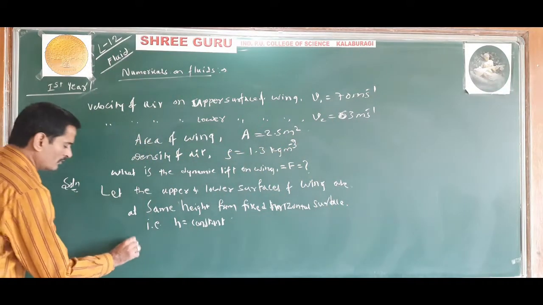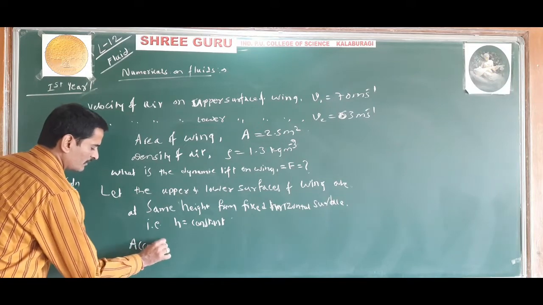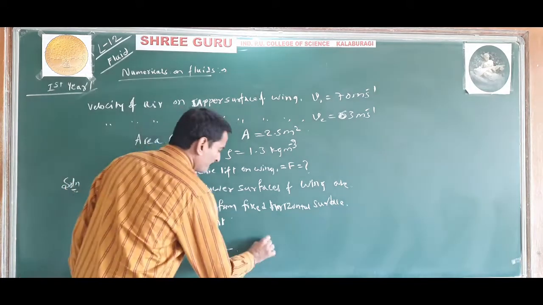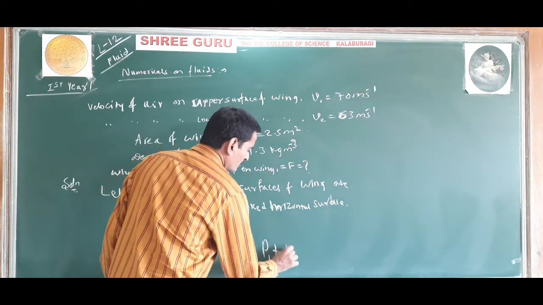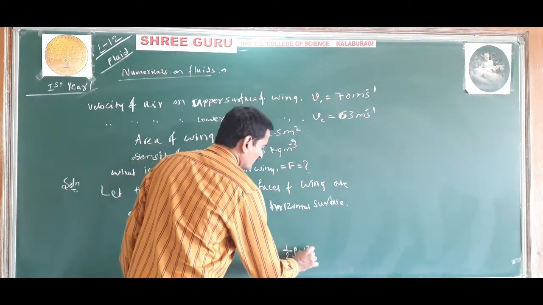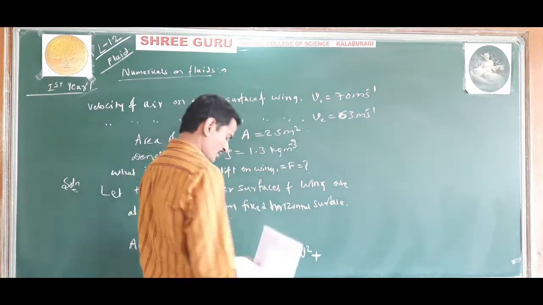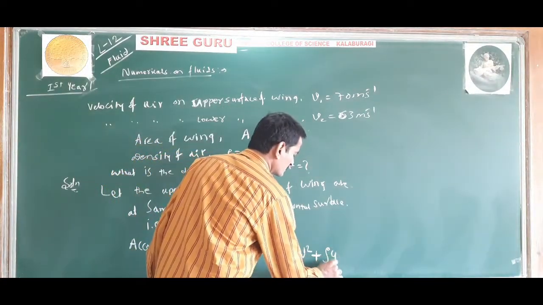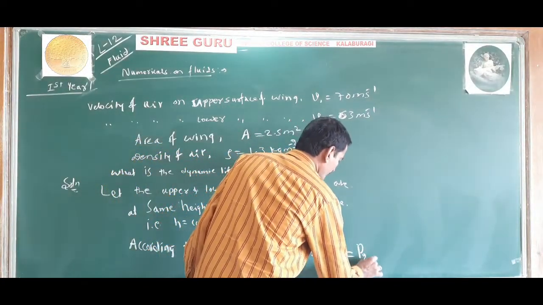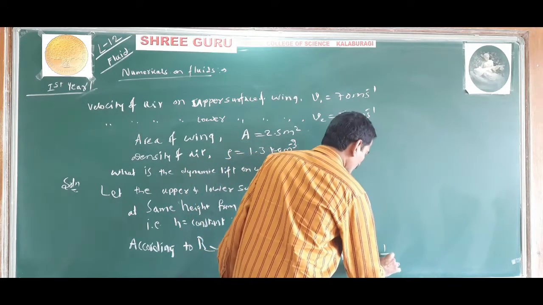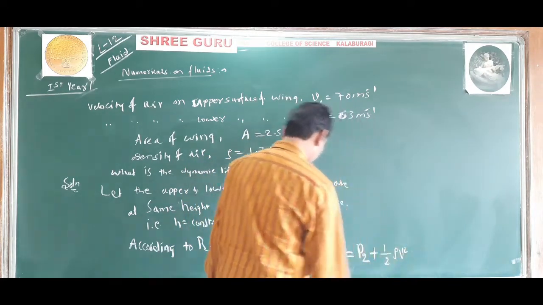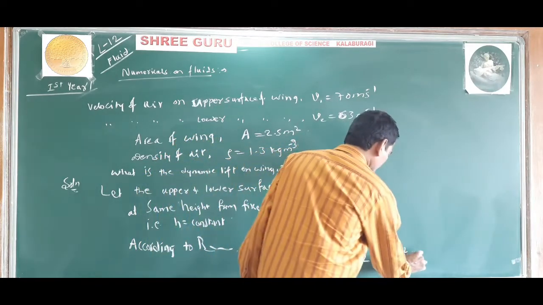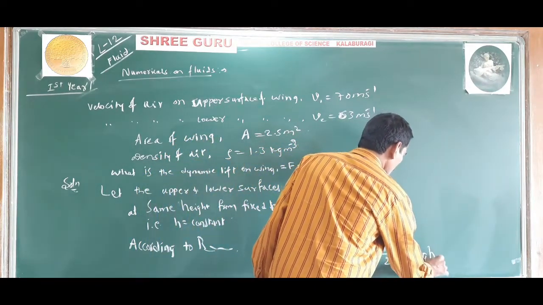So now according to Bernoulli's theorem, P1 plus 1 by 2 rho V1 square plus rho GH is equal to P2 plus 1 by 2 rho V2 square plus rho GH.